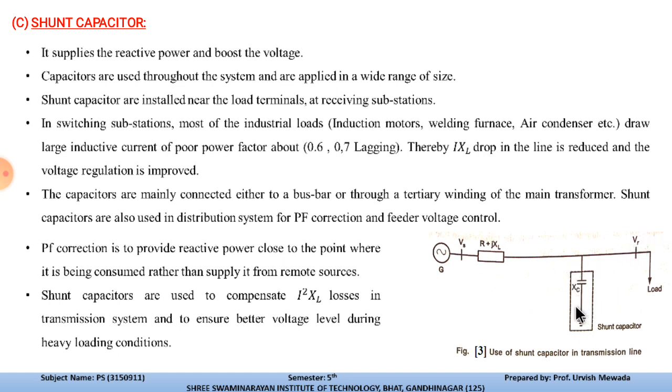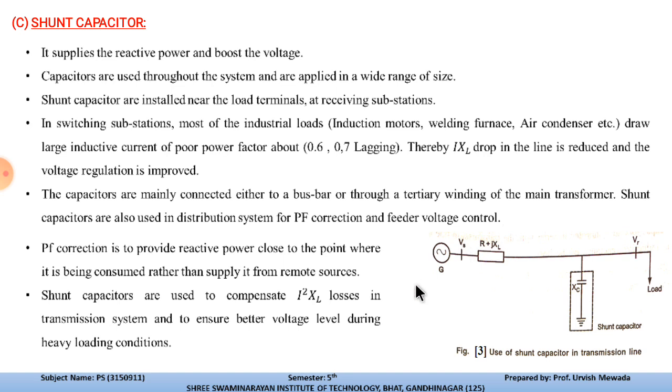As the feeder power factor is corrected, we can increase the feeder voltage, and we can have control of the feeder voltage by using shunt capacitors. Wherever we require this type of capacitor bank, we can use it to compensate the line reactance, and at the load side we can improve the power factor of the system, so that the reactive power is compensated, and we can improve the efficiency and regulation of the transmission line.